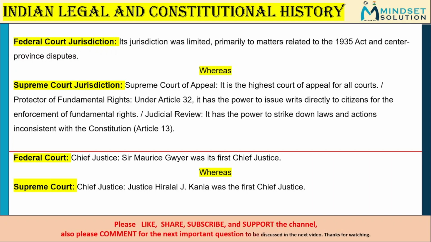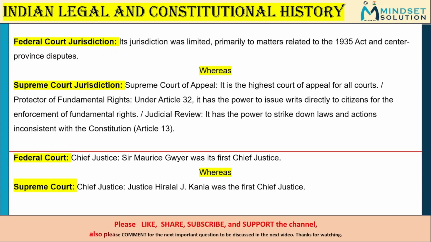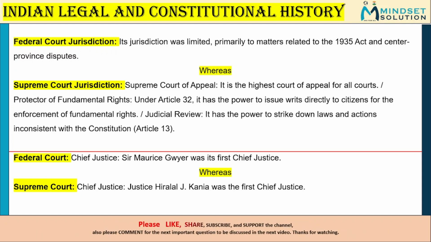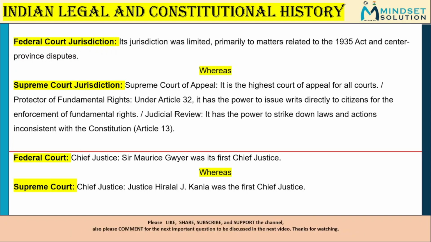It can issue writs directly to citizens, and strike down laws and actions inconsistent with the Constitution under Article 13. The next point is the Federal Court chief justice. In the Federal Court, Sir Maurice Gwyer was the first chief justice, whereas in the Supreme Court, Justice Hira Lal J. Kania was the first chief justice. This was the last point comparing the Federal Court and the Supreme Court.